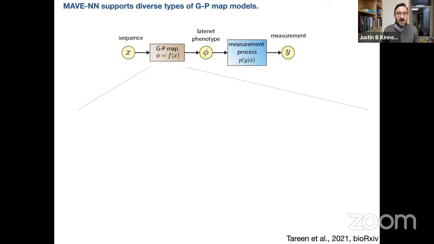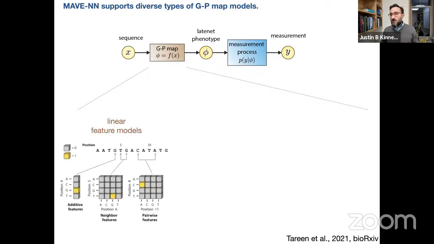Now this latent phenotype model structure supports a very wide diversity of genotype-phenotype maps and measurement processes. So currently MAVE-NN supports linear models based on sequence features. These include additive features, nearest neighbor features, as well as pairwise features.